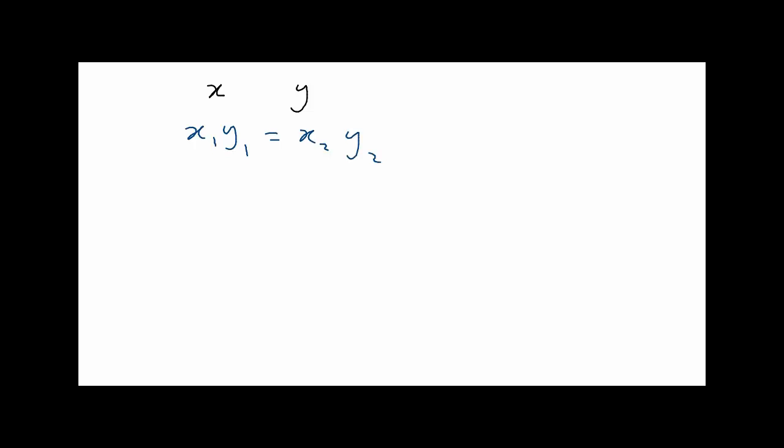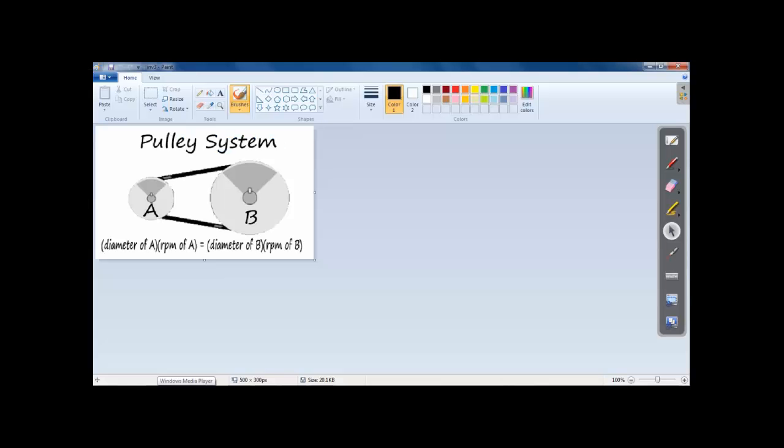This is the relation which we are going to use to solve our problems involving inverse variation. There are some applications of this relation. One of these applications is the pulley system relationship.